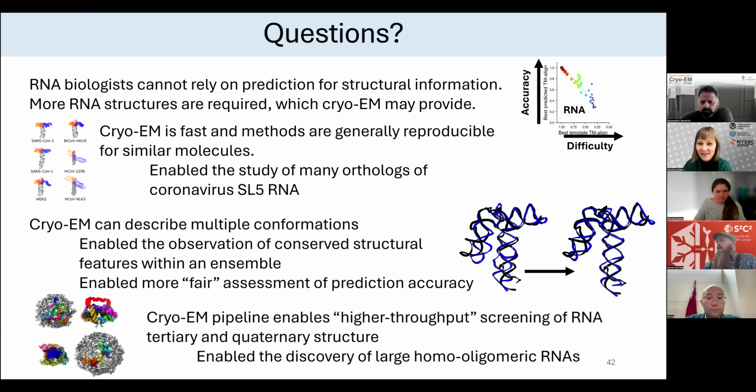Another question is about particle counts and the number of particles you typically find in your reconstructions of your viral RNAs. For viral RNAs, it's a lot because these guys are relatively flexible.